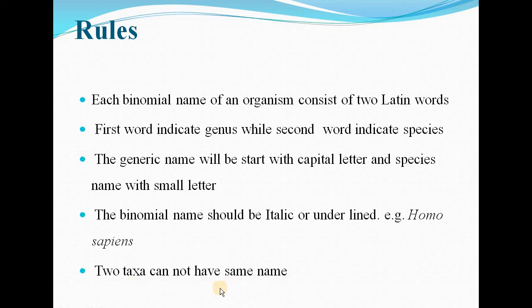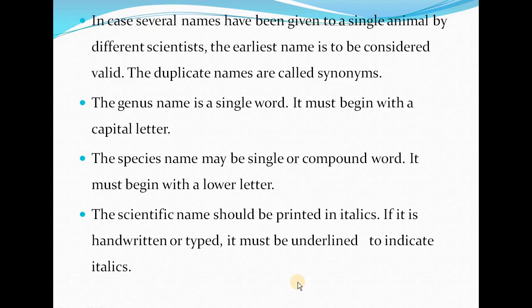Two taxa cannot have the same name. It is also very important. In case several names have been given to a single animal by different scientists, the earliest name is to be considered valid, while the other duplicate names are known as synonyms.